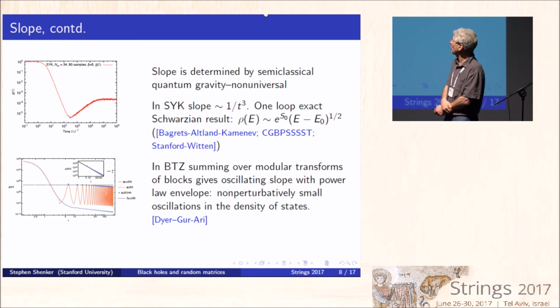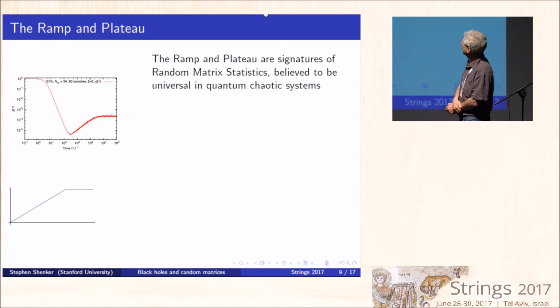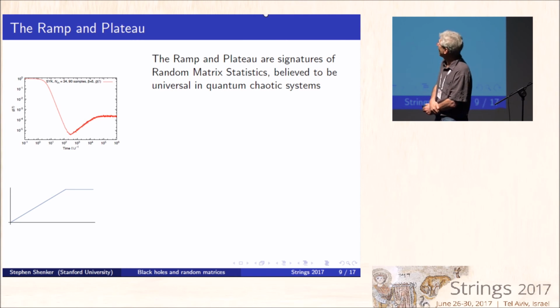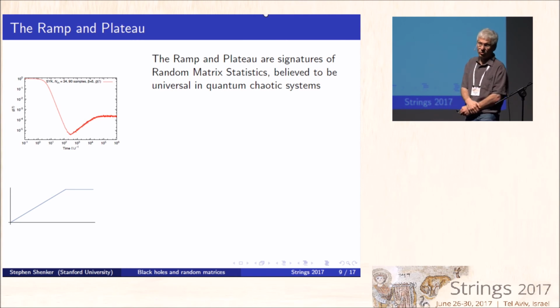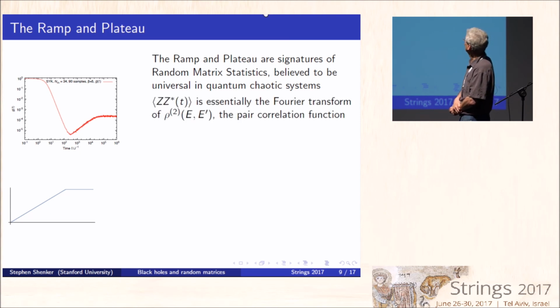So 2 different black holes, 2 different short-time behaviors. But we expect that at long time, this gravitational signal will fade away, and you'll be left with this universal random matrix behavior that is a characteristic of quantum chaotic systems.